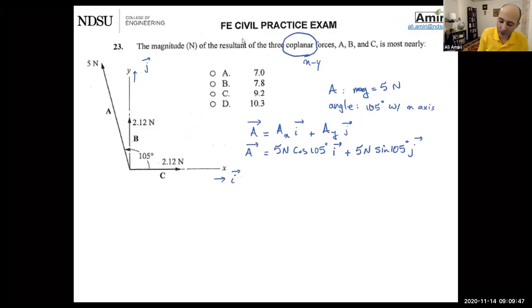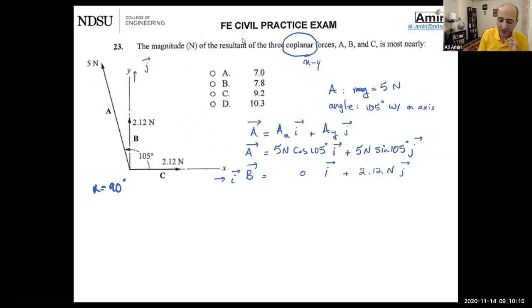If I write B also the same way, B is pointing straight up. So the component I of it is 0. The component J of it is 2.12. Another way of looking at it, the angle that it's making with the x-axis is 90 degrees.